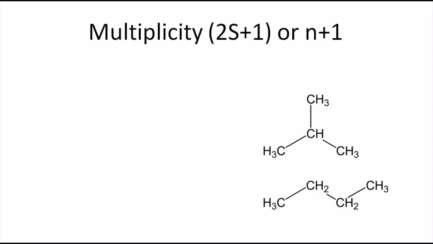And with respect to the number of signals, these two compounds, the isomers of C4H10, give the same, that is two signals. How will you distinguish? The number of signals cannot distinguish, IR cannot distinguish.